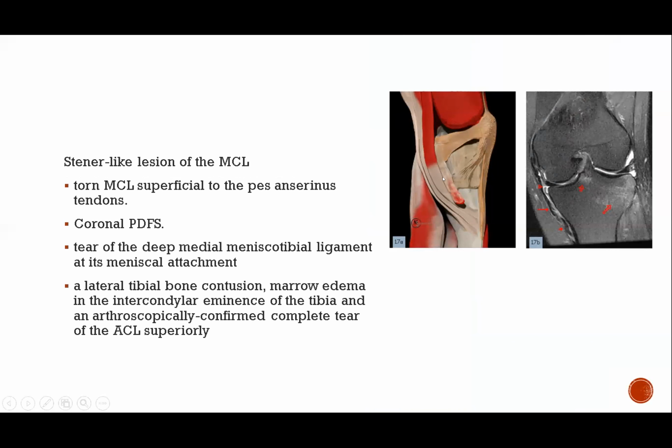So it gets torn and gets interposed superficial to the pes anserinus. So we can see there is tear in the superficial MCL, and this structure, the short arrow, is the pes anserinus, and the superficial MCL is actually getting entrapped superficial to the pes anserinus. This is Stener lesion of MCL.